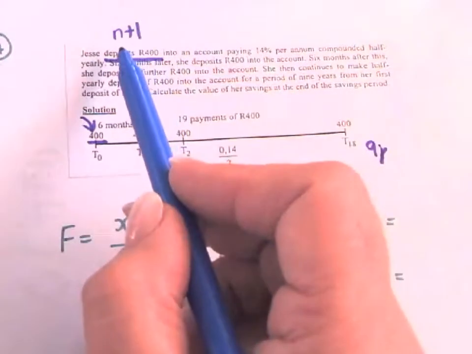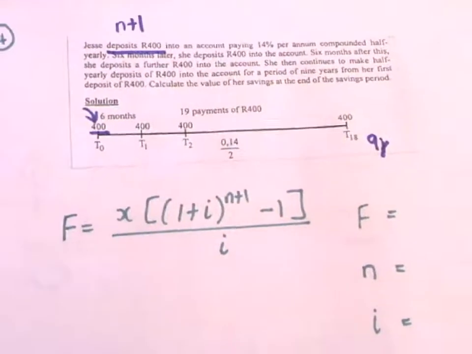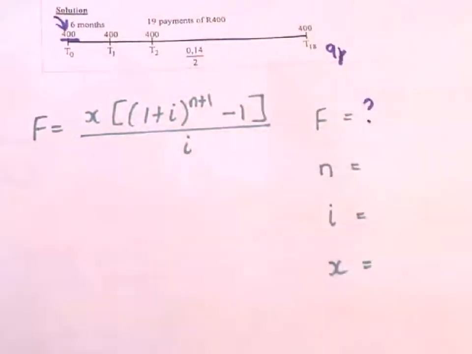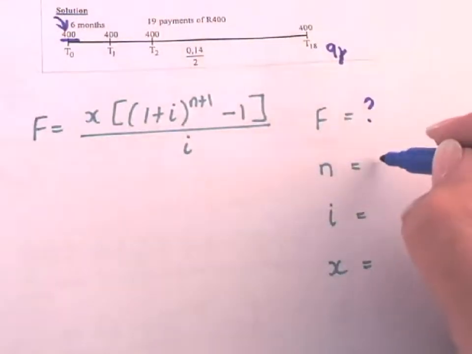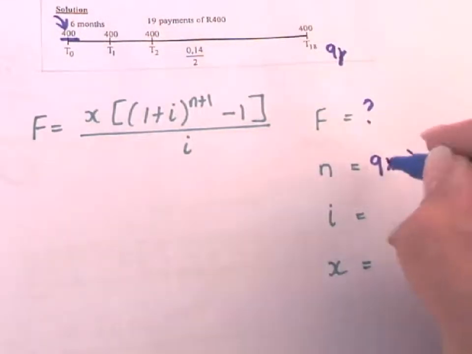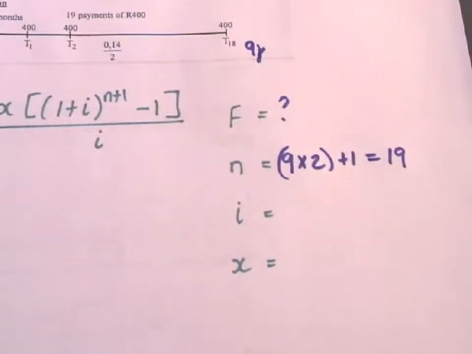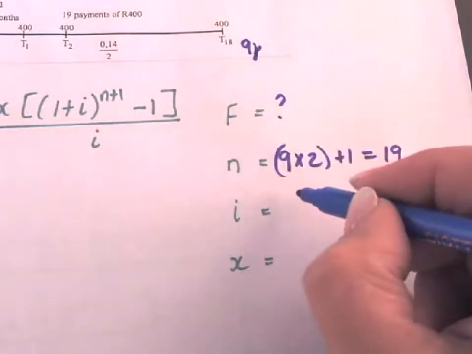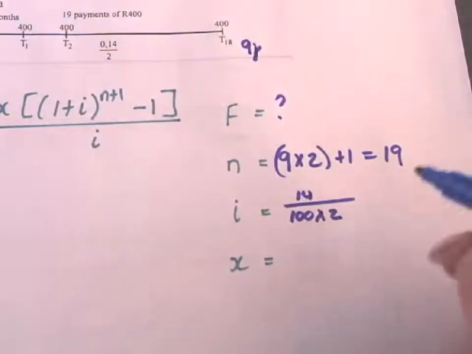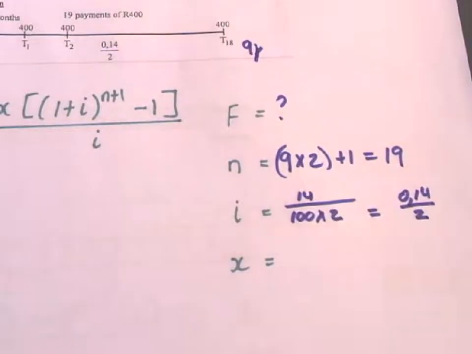Okay, we know that it's N plus 1, so we use the immediate payment formula. And then we set up our FNIPS. F needs to be calculated. N is 9 years times 2, and then we have to plus 1, so that equals 19. I is 14 over 100 divided by 2, that equals 0.14 over 2.